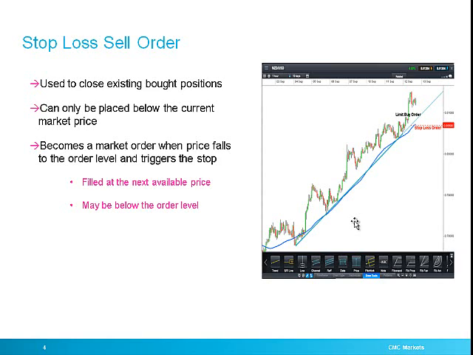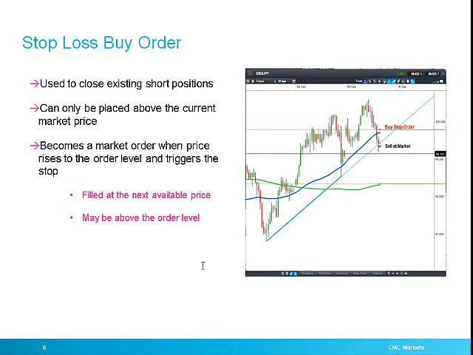This is quite a common occurrence in the stock market, firstly because it closes overnight and the market might open at a significantly lower level next morning, and also because stocks are often put into a trading halt while there's some major news event, such as a release of a downward revision in profit guidance, which will mean that the price will go straight to a new lower price and might well gap below your stop trigger order. So certainly possible, and something to be aware of, that setting a stop loss order does not mean that you'll be taken out at that price.